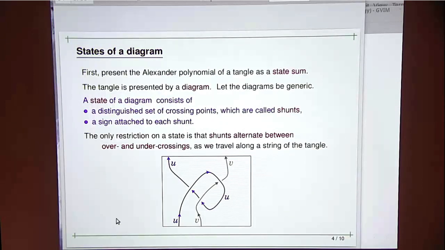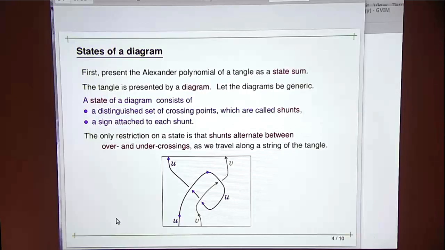So if you think about this tangle as a virtual one, with only shunt crossings real and the rest of them virtual, then this condition means that the diagram is alternating.